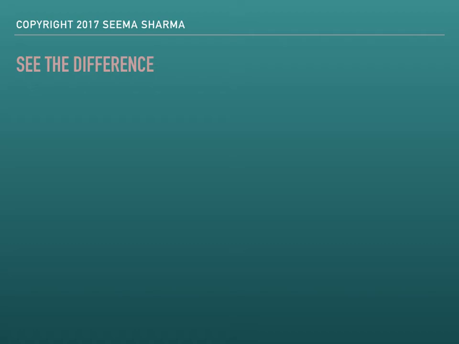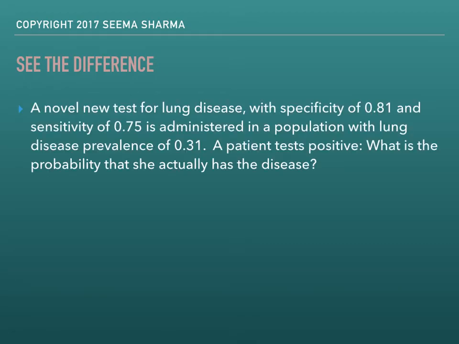To show you the difference between when you apply a predictive value and when you apply a likelihood ratio, I've written two different vignettes. The first is a novel new test for lung disease with specificity of 0.81 and sensitivity of 0.75, administered in a population with lung disease prevalence of 0.31.